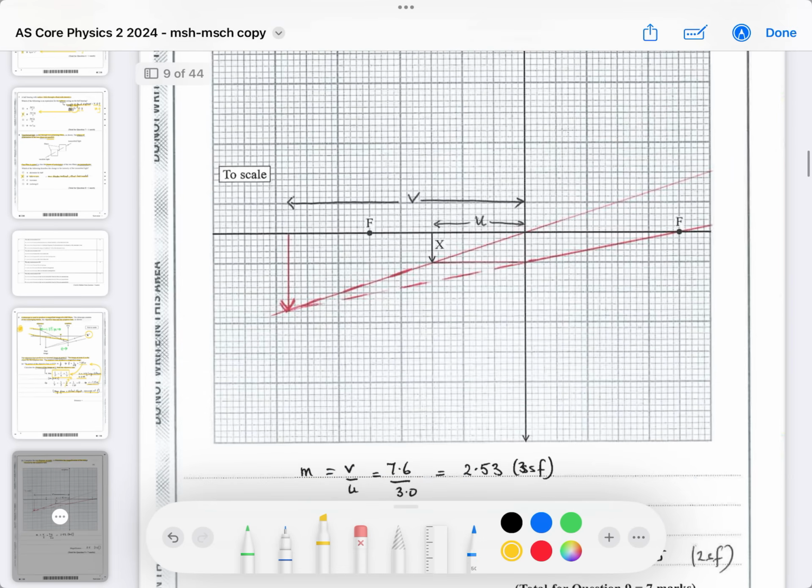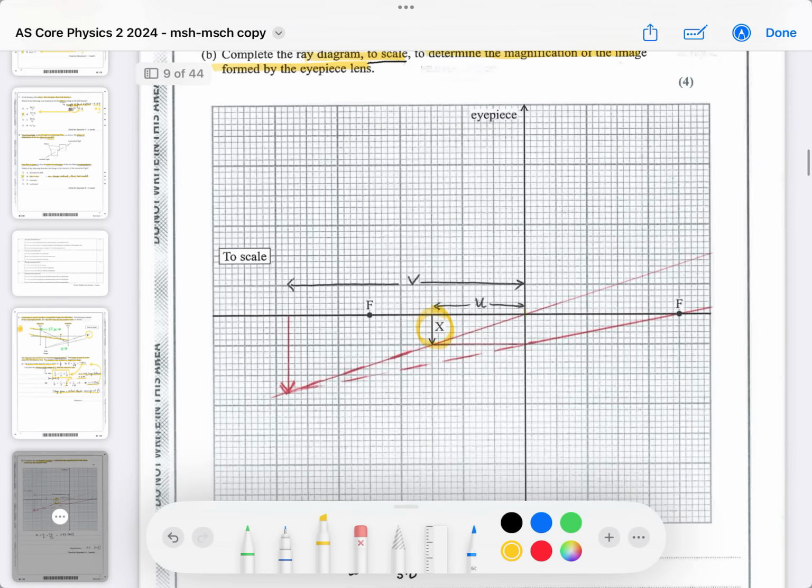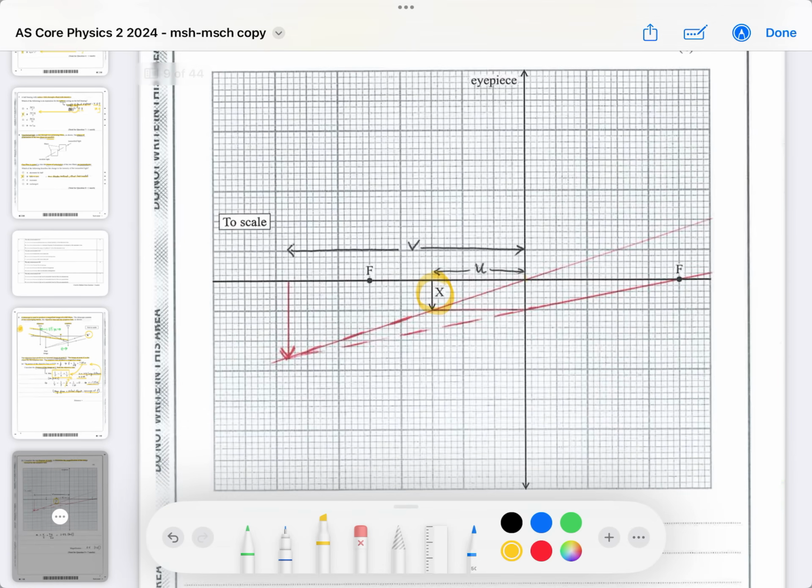We know the image is over here, and we can draw one ray going through the center of the lens, because this line here is the eyepiece lens position. When it goes through the center, there's no refraction, so that ray is always drawn straight through without any deviation.